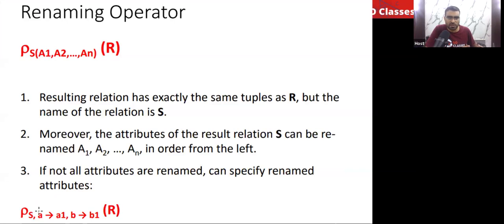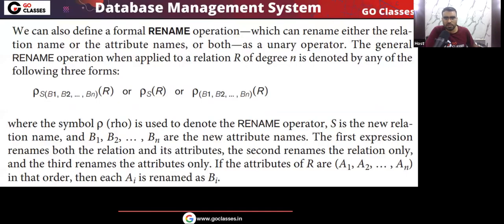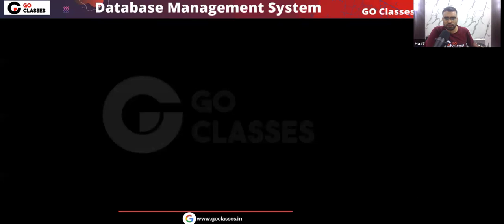Here, changing A to A1, changing B to B1. And changing R to S, A to A1, B to B1. Is this clear? Simple. So we have seen the concept of renaming, and this type of renaming you can do.